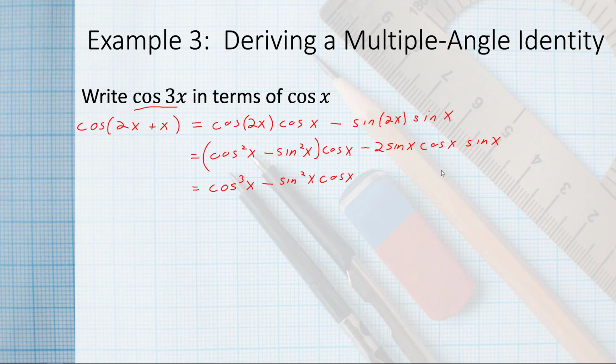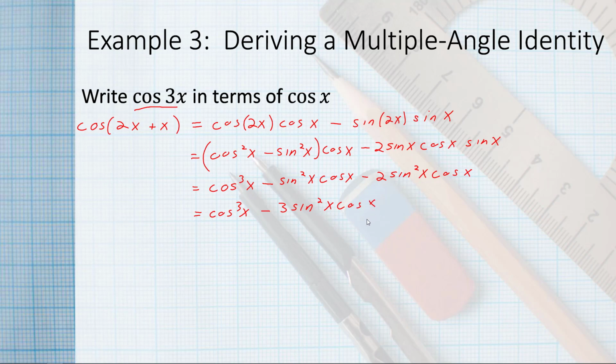Now here we have two sines, they can square, and we will have minus 2 sine squared x cosine of x. Okay, well here we have like terms. We have sine squared and cosine, so these can be combined, and that will give us cosine cubed x minus 3 times sine squared x cosine of x.